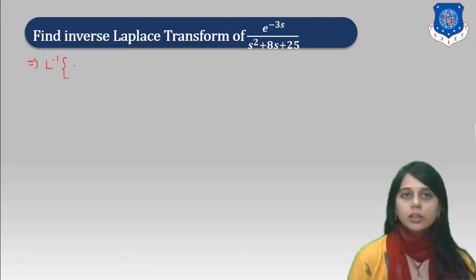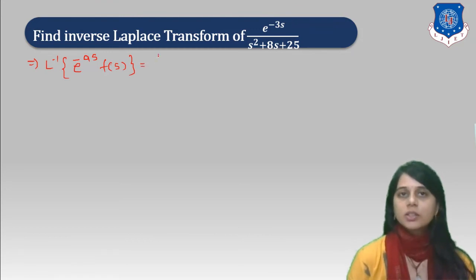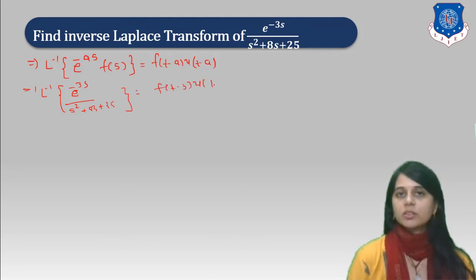It is e raised to minus as f of s, and the answer is f of t minus a, u of t minus a. Laplace inverse of e raised to minus 3s upon s square plus 8s plus 25: we get f of t minus 3, u of t minus 3.